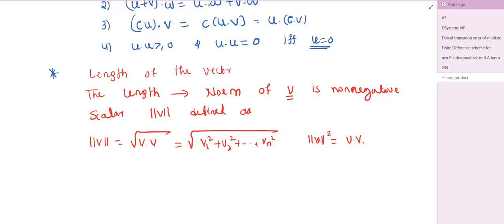Okay. So if the length of the given vector is 1, that is, if any vector's length is equal to 1, then we call it a unit vector.